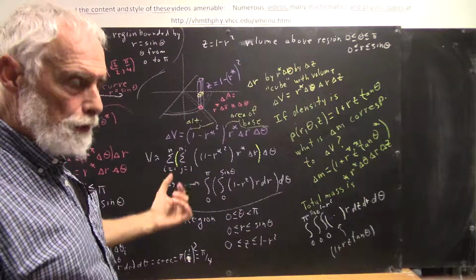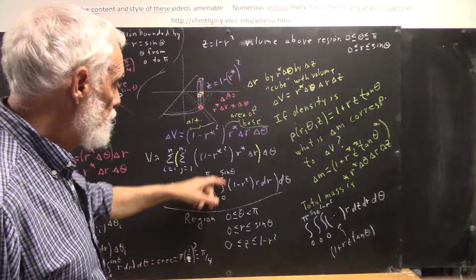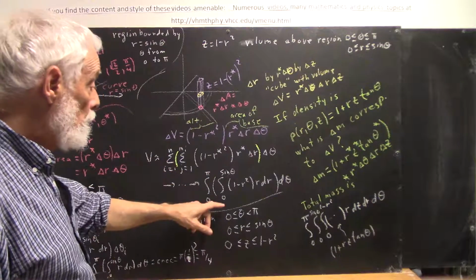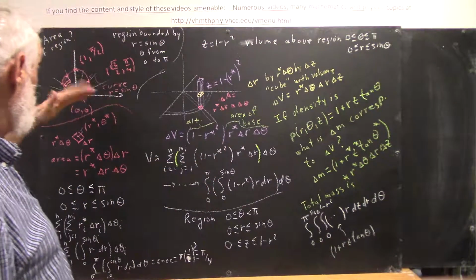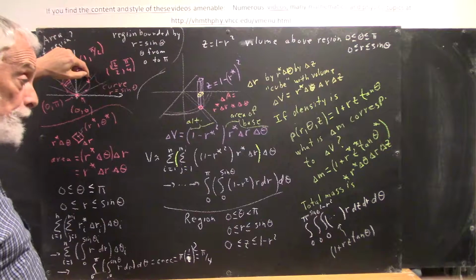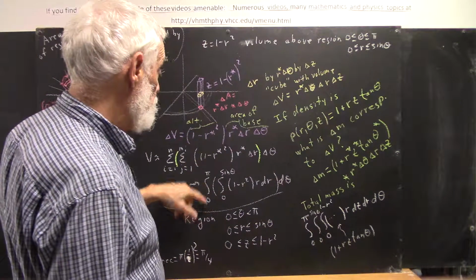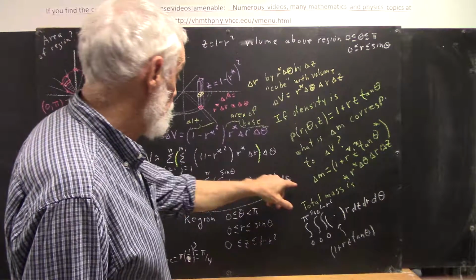Taking the limit in the usual manner, we have the same limits on our integral. For any theta, r goes from 0 to sine theta. No matter what theta is, r goes from 0 up to sine theta. And our thetas go from 0 to pi, so here's our integral.